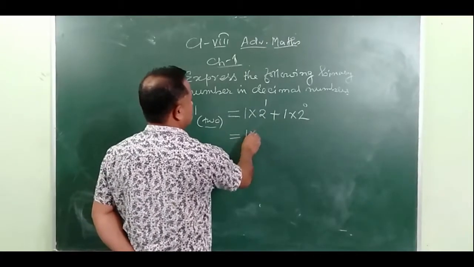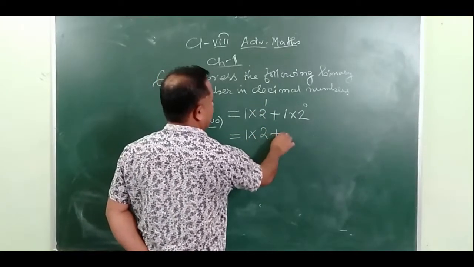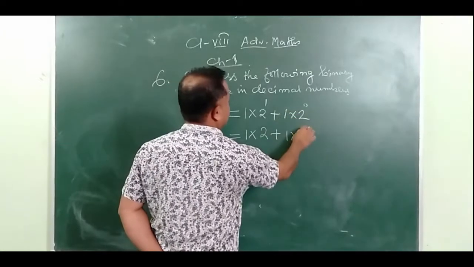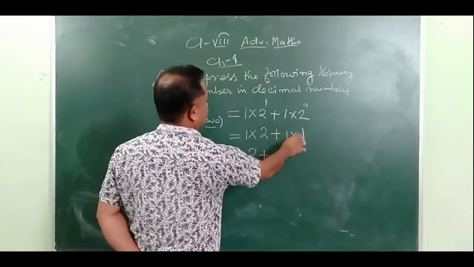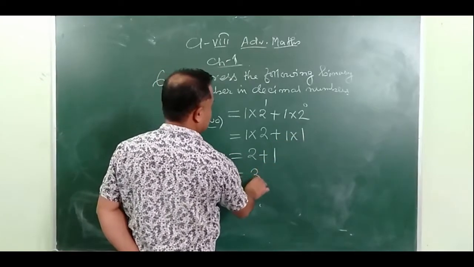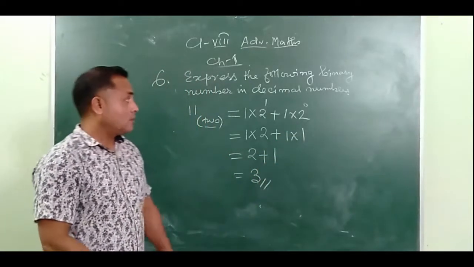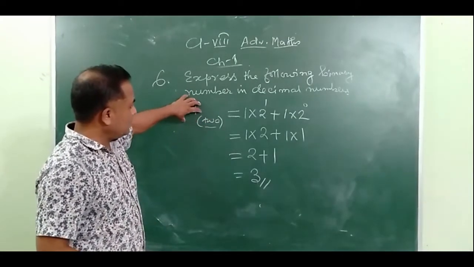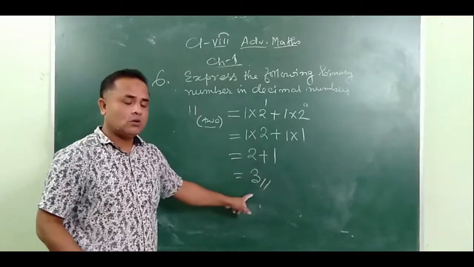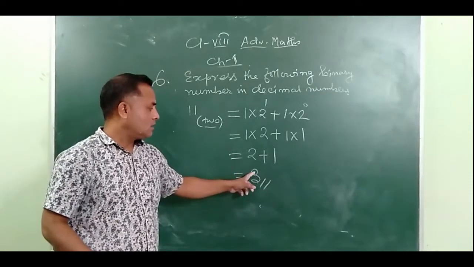So 1 into 2 to the power 1 is 2 plus 1 into 2 to the power 0 is 1. So it becomes 2 plus 1, which is 3. So this 11 to the base 2, the binary number, is converted to decimal 3.